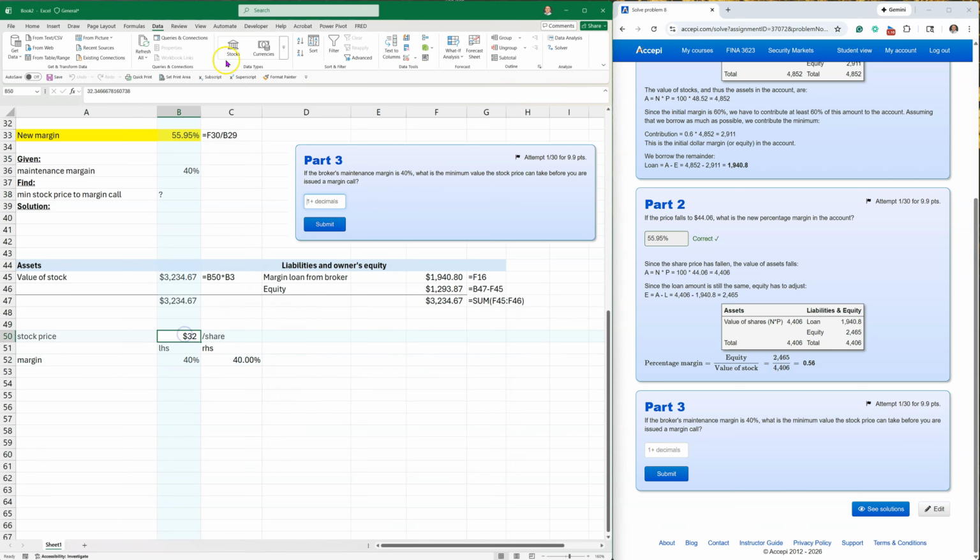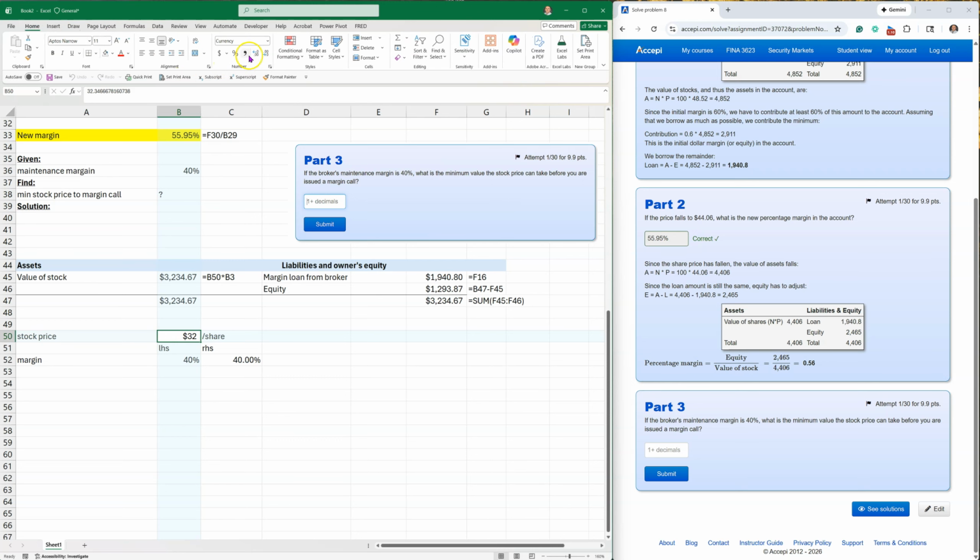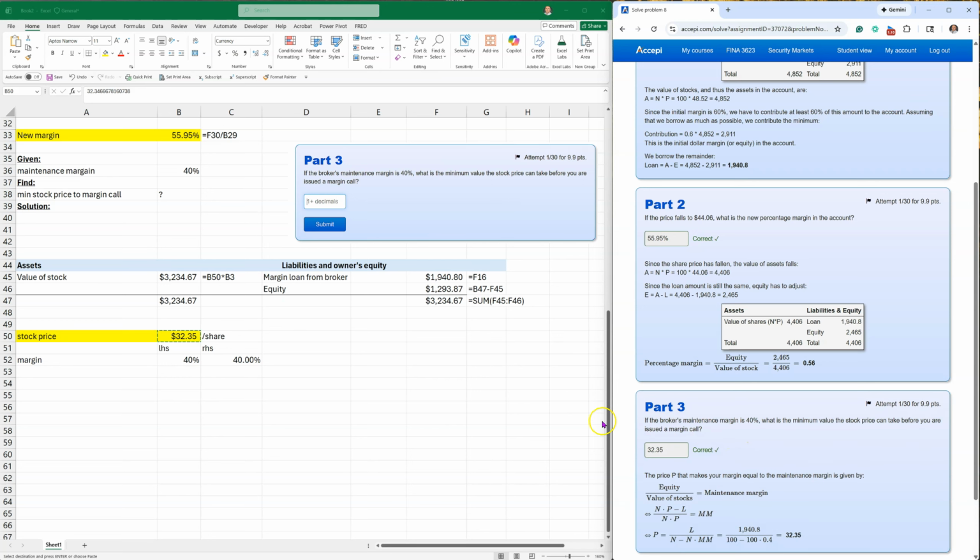Let's take that out two places just to make sure we didn't have any rounding. So it says 32.35 per share. We can try that to make sure that's the answer. Put it over here, get rid of the dollar sign, and submit. And that's correct, right? Normally if you do that, you want to say something like, use Solver, and then paste your Solver in.